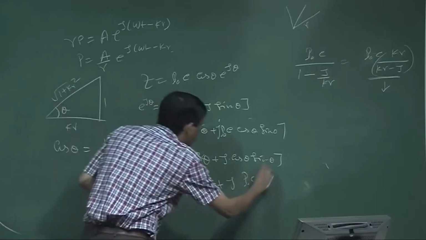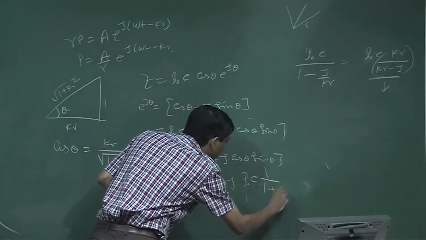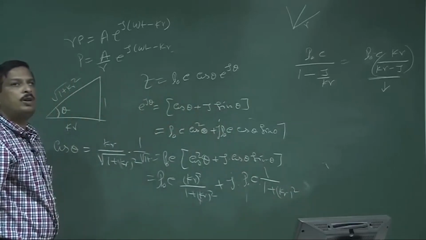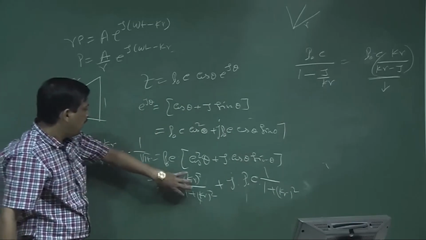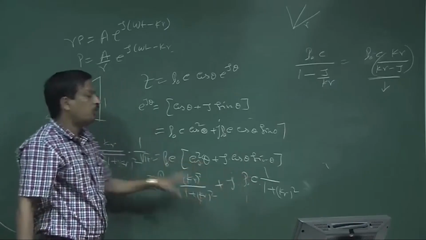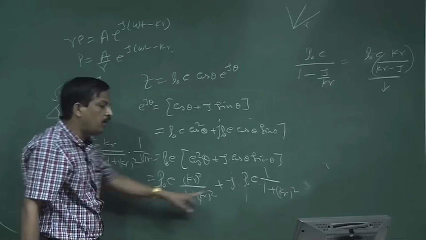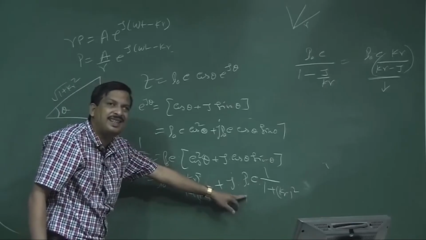So if you see A plus jB, Z has not only the resistive term, there is also a term which is reactance.